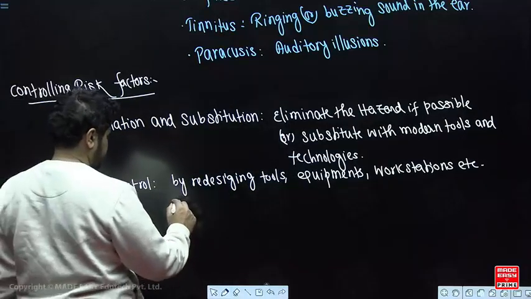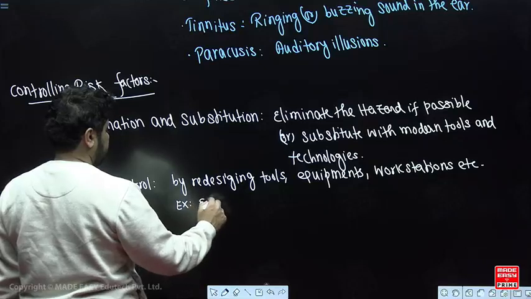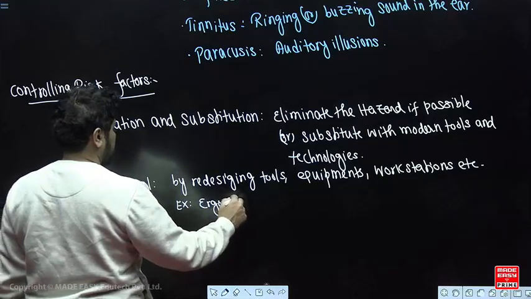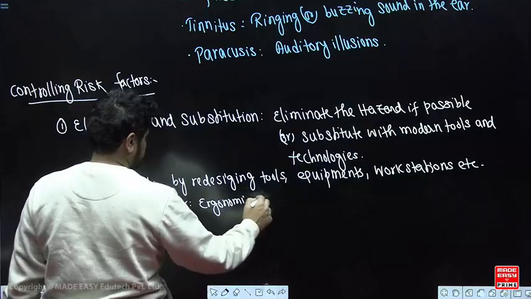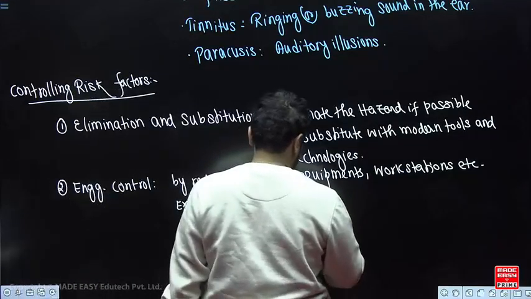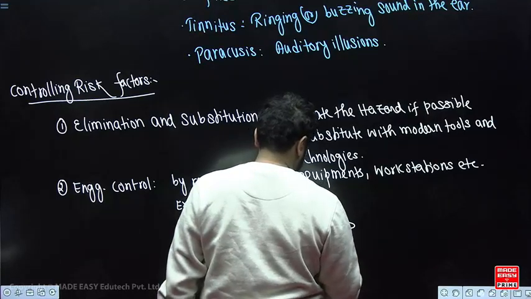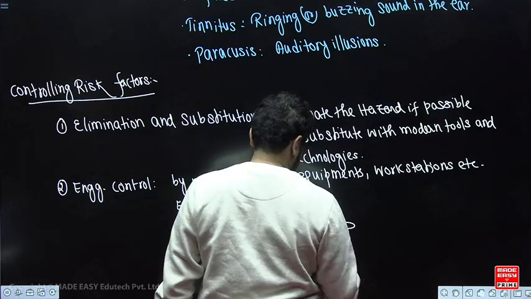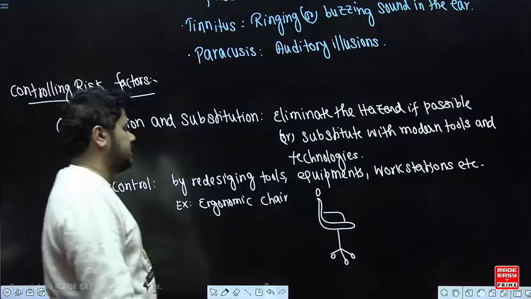For example, ergonomic chairs, है ना. करेक्ट, ergonomic चेयर ऐसा होता है.